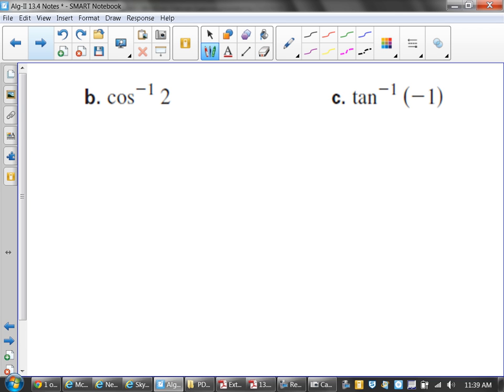What angle gives you the cosine of 2? Remember how cosine was defined? Cosine was defined between -1 and 1, right? Can I have a cosine of 2? No. Can't have it.